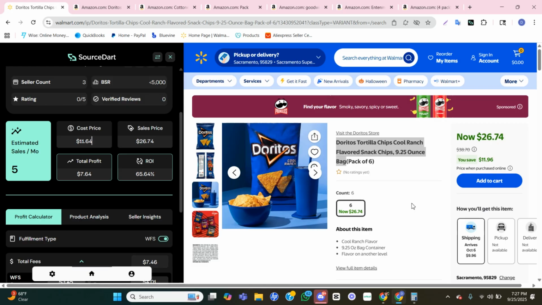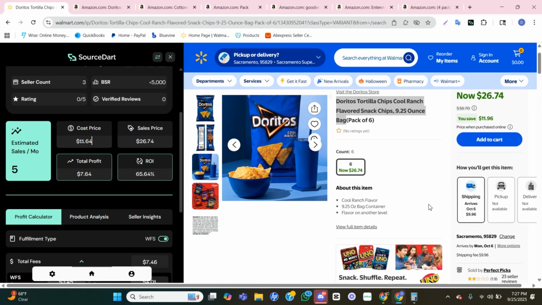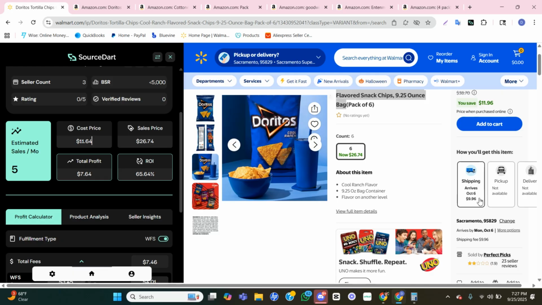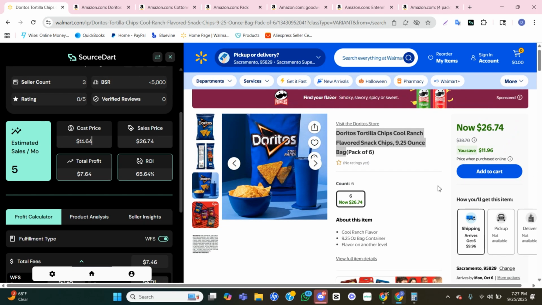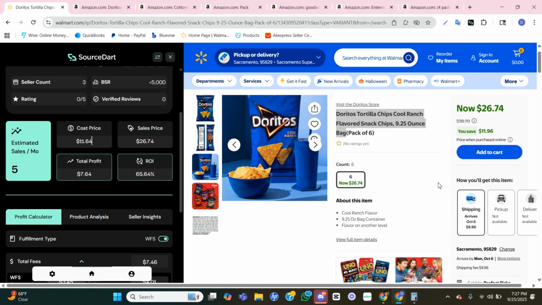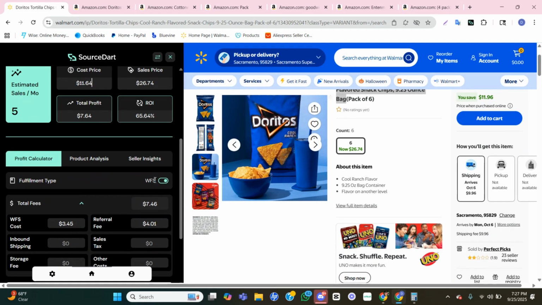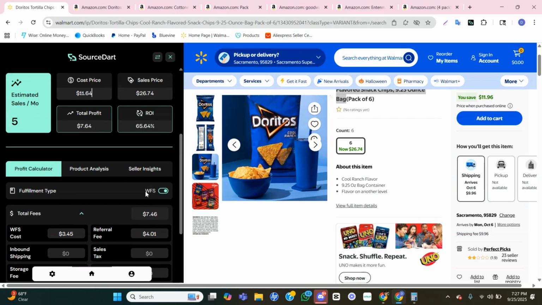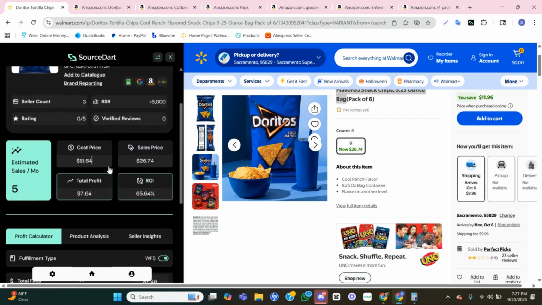So with this one, we can compete without the shipping costs, and we can still price this at $26 with free shipping, fulfilled by Walmart. You can see we have a good profit already. The only thing is sales are only 5 per month, so it's up to you.